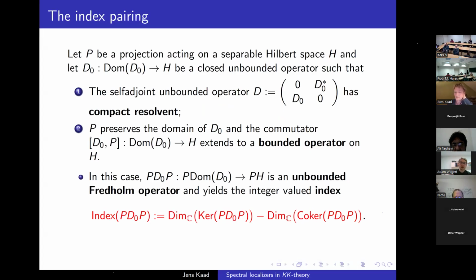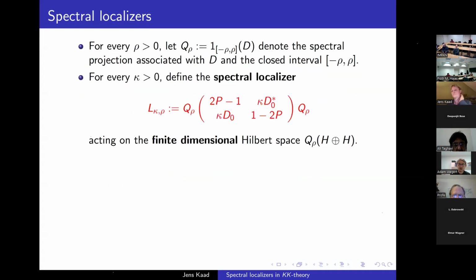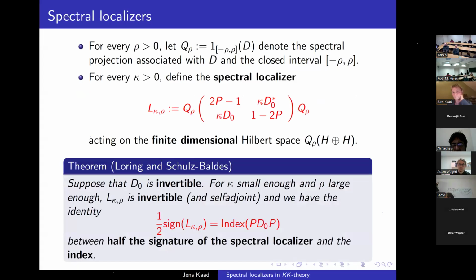Adam, your turn. Yes, if you could go back to this slide with this equality between this half of a signature and the index. Without knowing this theorem, is it somehow visible that the signature would always be an even number?